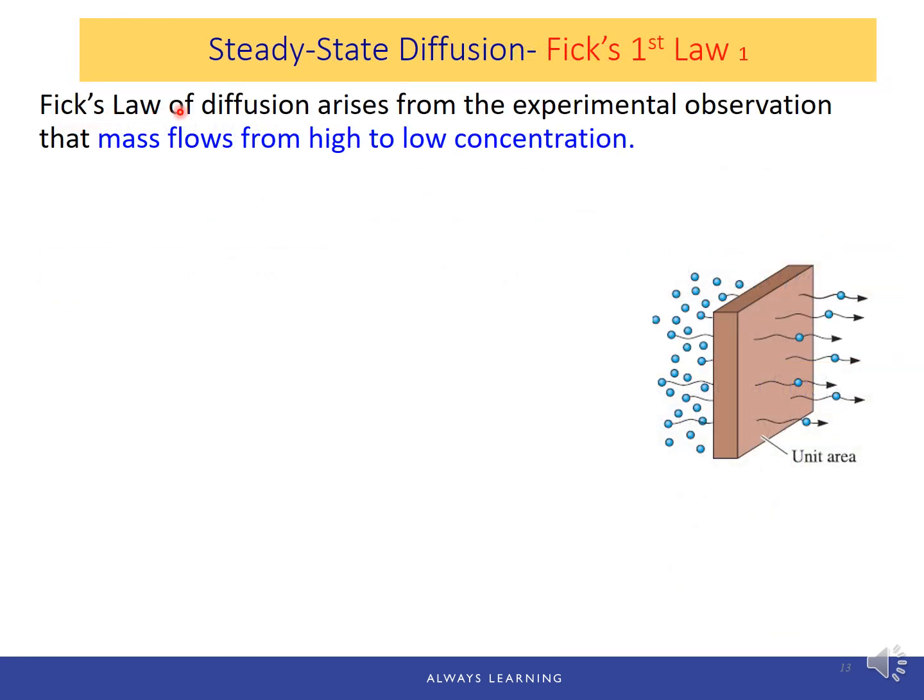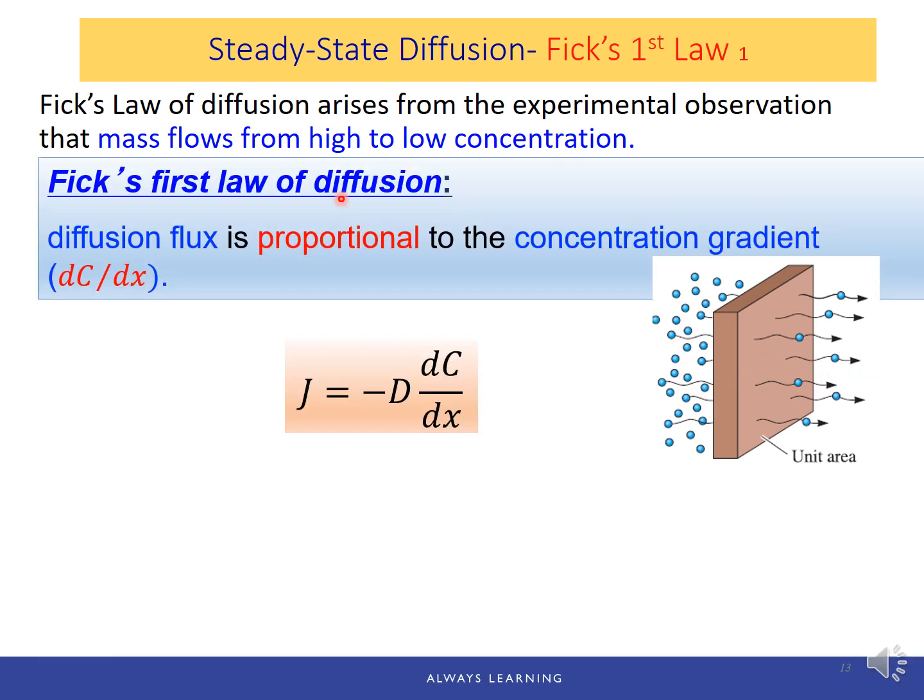Fick's laws of diffusion arise from the experimental observation that mass flows from high to low concentration. Fick's first law of diffusion solves steady-state diffusion. It states that diffusion flux is proportional to the concentration gradient dC over dx.